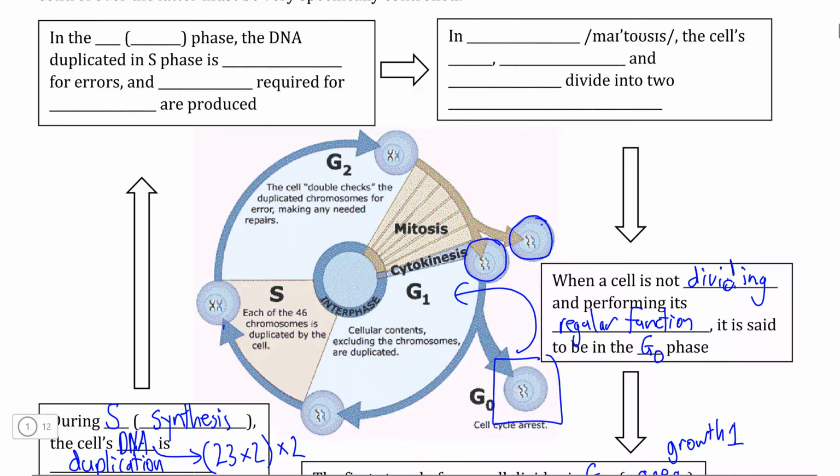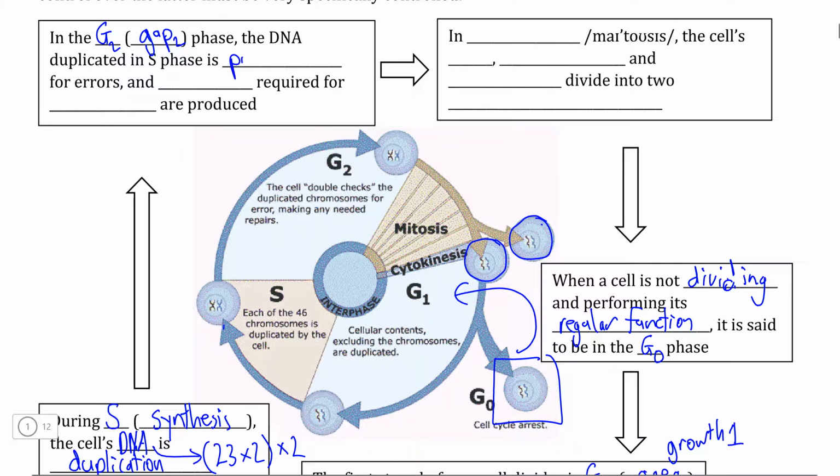And your cells are actually no different. Your cells, when they duplicate their DNA, are going to make mistakes. In fact, it happens quite regularly, but that's why we have the G2 or the gap 2 phase. Because what do you do whenever you need to write something before you submit it?